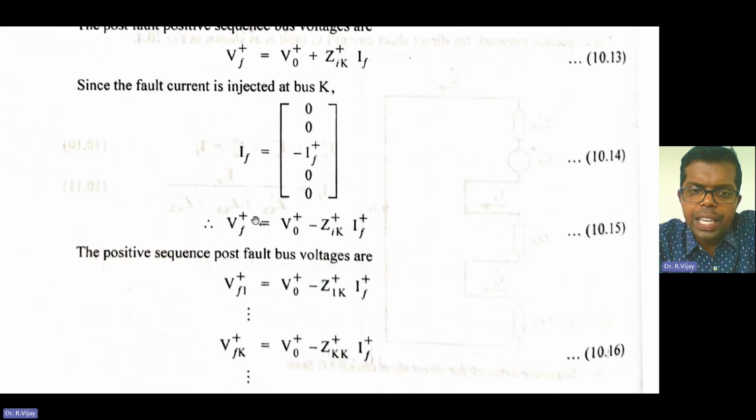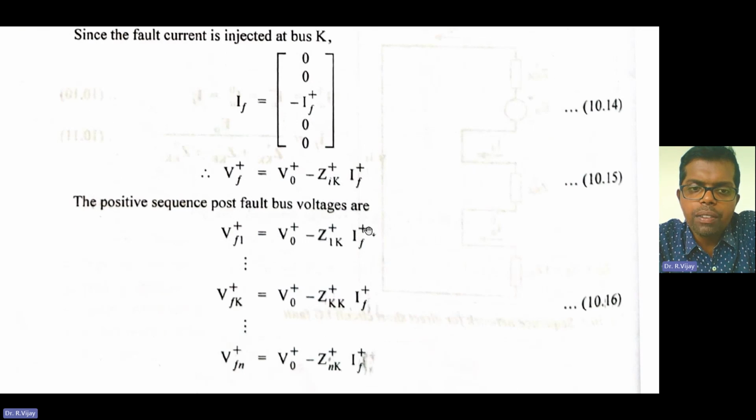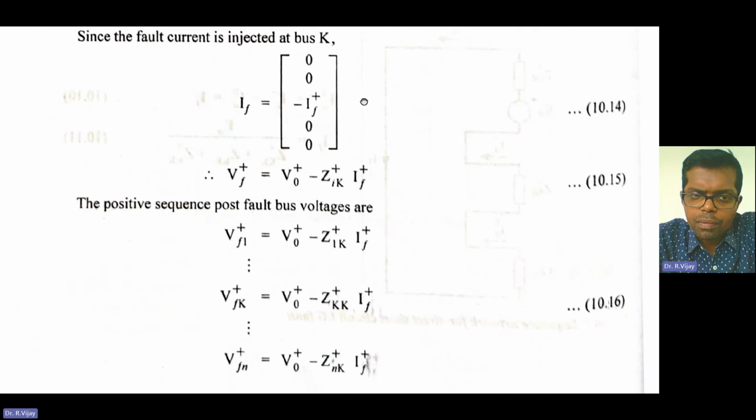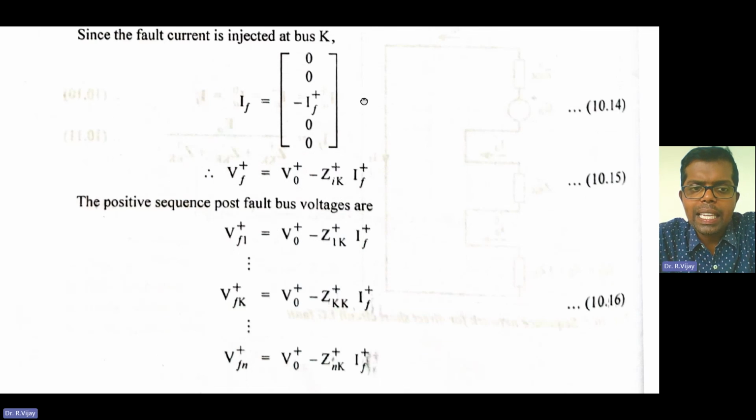Where Vf positive is equal to V naught positive minus Zik positive into If positive. Previously we saw the positive sequence current; here we are seeing the positive sequence post-fault bus voltages.